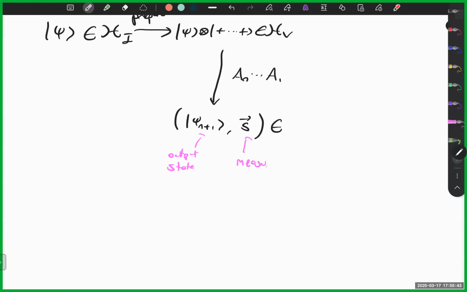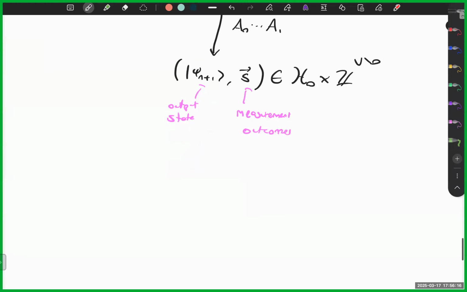This is a vector, so you can think of it as such, in HO times Z over V over O. So after we do the whole pattern, we are left with the output state along with its measurement outcomes in the commands that we apply.